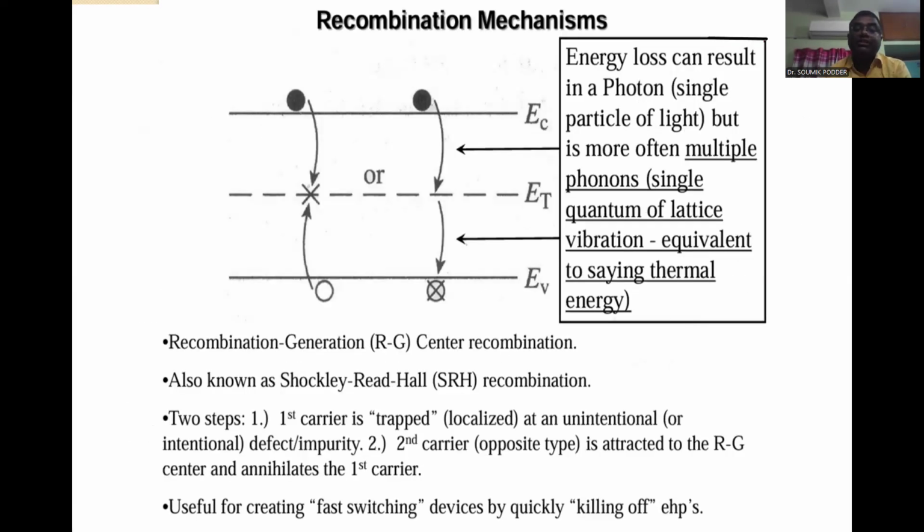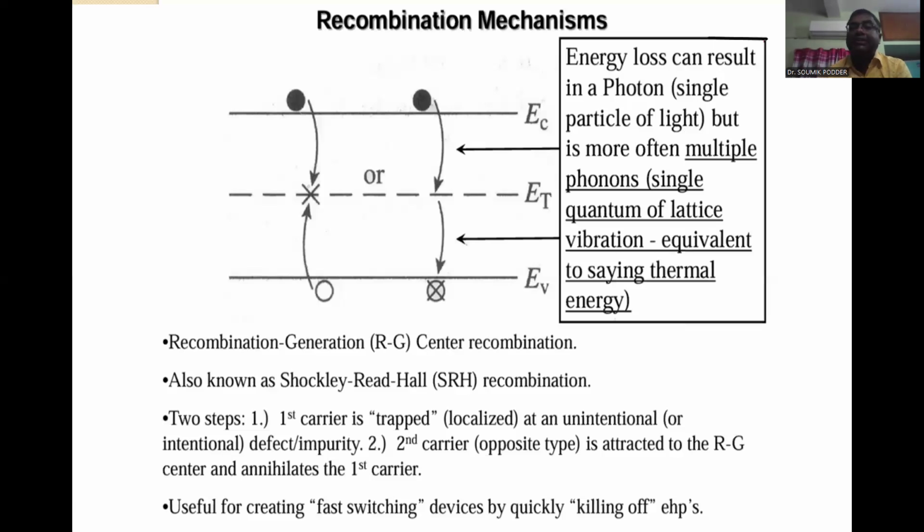Now, recombination mechanism. Recombination needs a recombination generation center, which is known as the Shockley-Read-Hall recombination. What is the Shockley-Read-Hall? First, a carrier is trapped or localized at an unintentional defect or impurity.